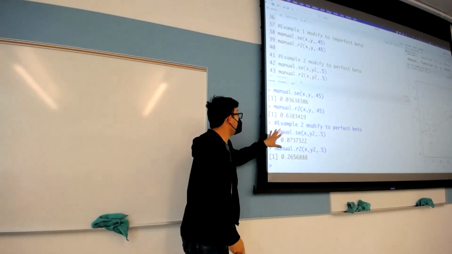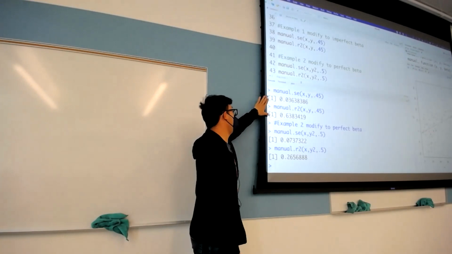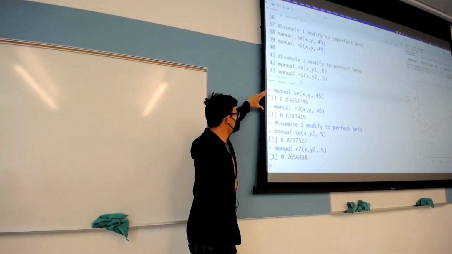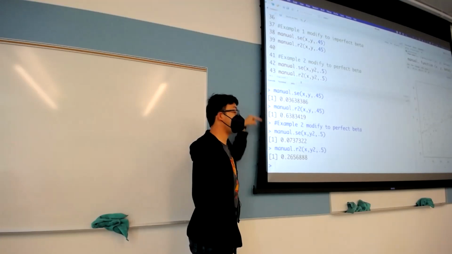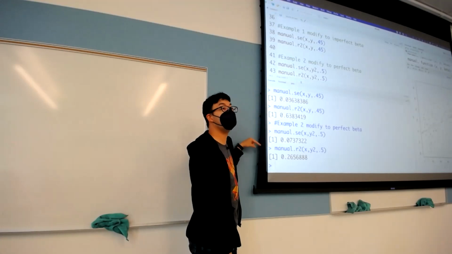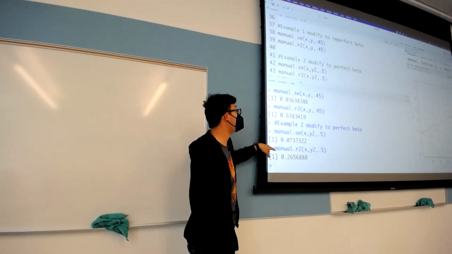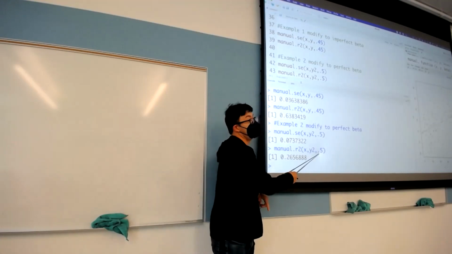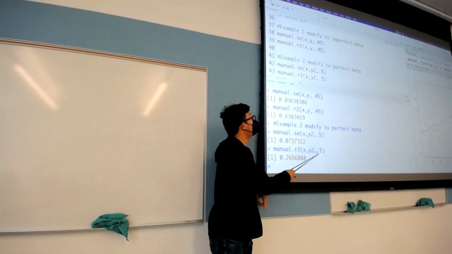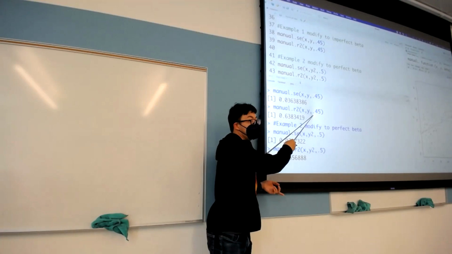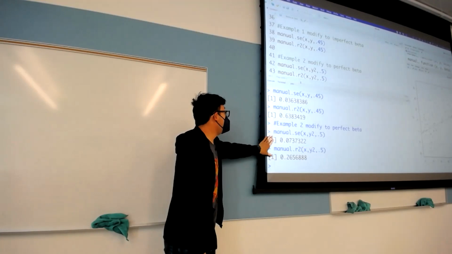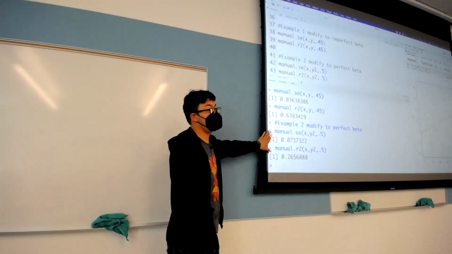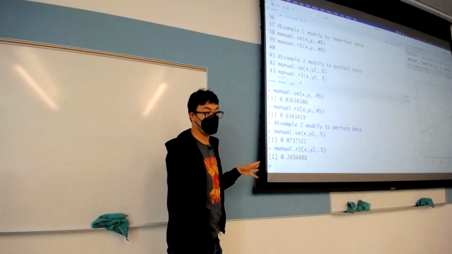And this should be a word of caution here: just because your standard errors are smaller and your R squared is larger doesn't mean that this model is better than this model. And in fact, we know that this model is actually correct, right? Because it's saying that the beta value is 0.5, whereas this one we know is incorrect. Okay, so again, these standard errors and R-squareds are a measure of something, right?